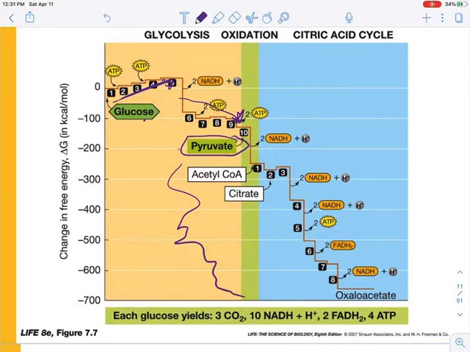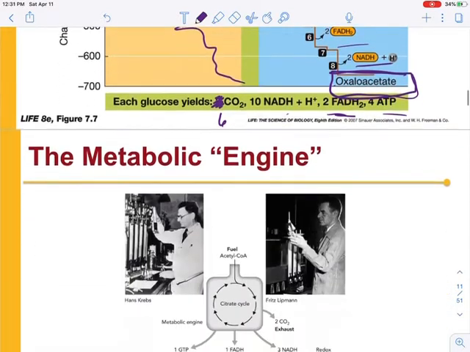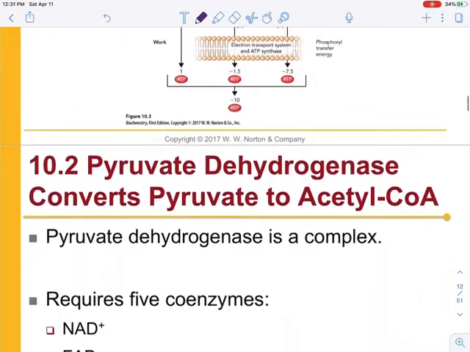So we're going to break that down to oxaloacetate, much lower energy than this pyruvate, and extract and capture as much as we can as NADH and as ATP. And this is wrong. Each glucose would yield 6 carbon dioxide, 10 NADH, FADH2, and ATP. And there's some water in there too, but I don't know what happened to that.